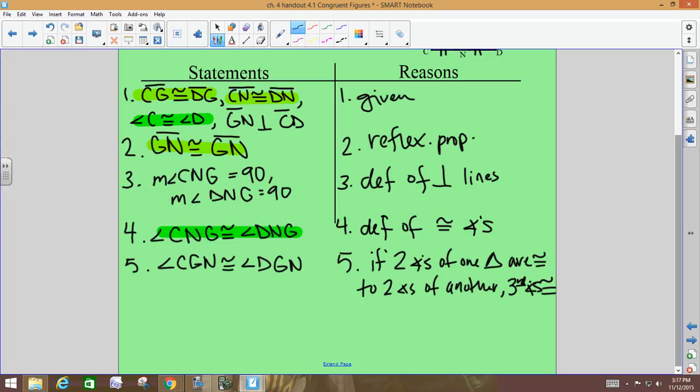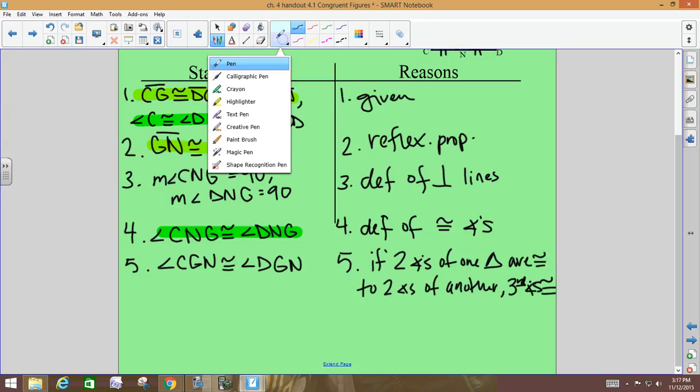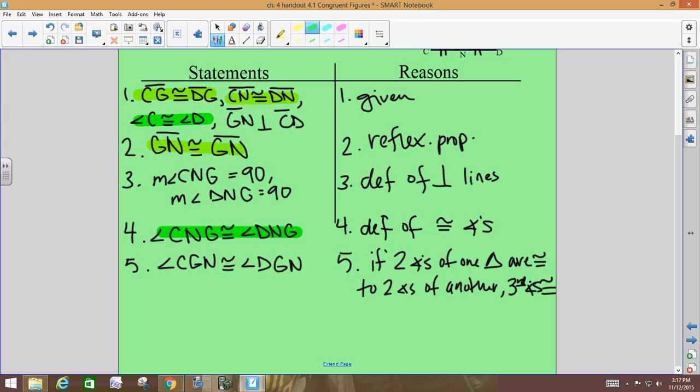My comma is replacing the word then. I have my word if. So now we have the third pair of angles.